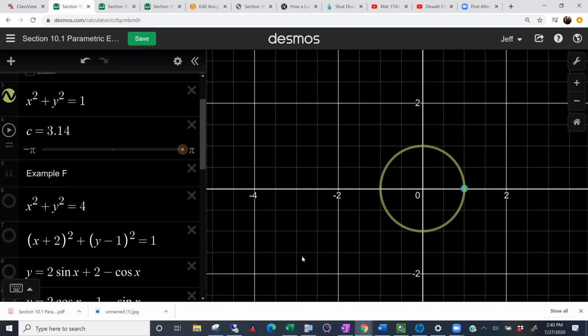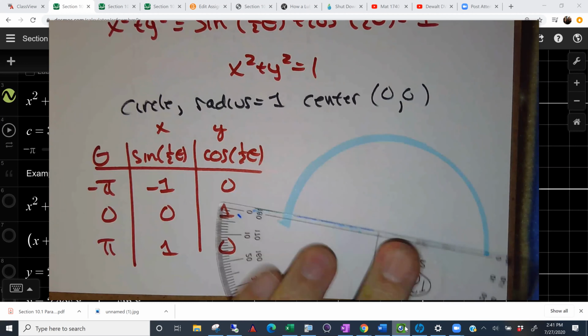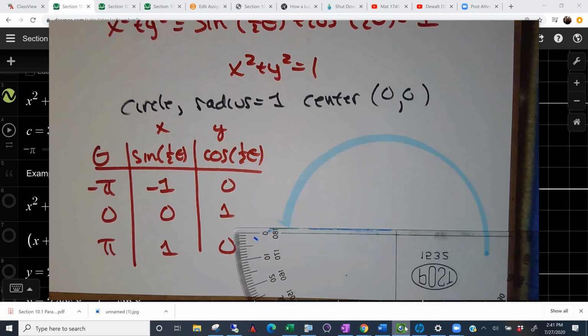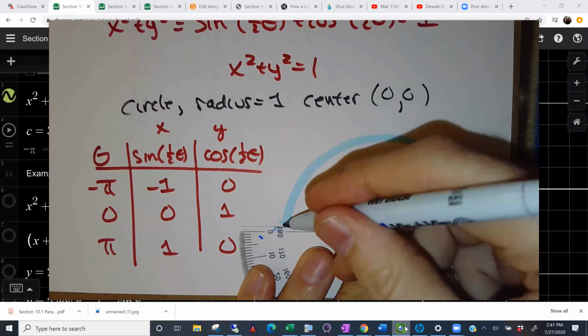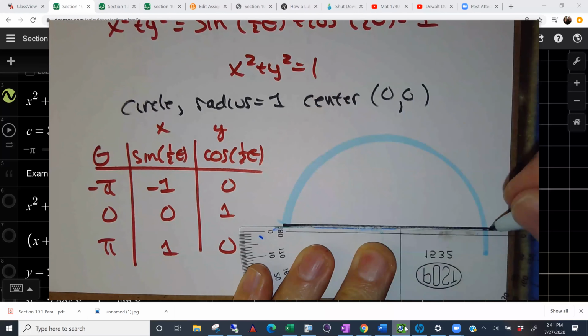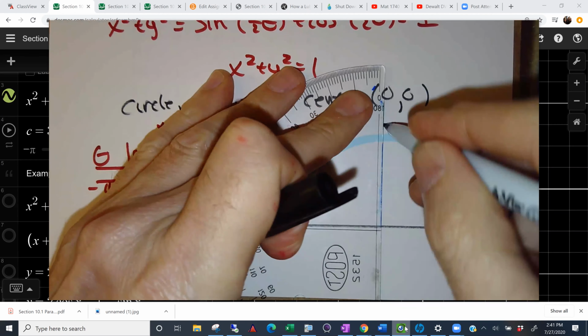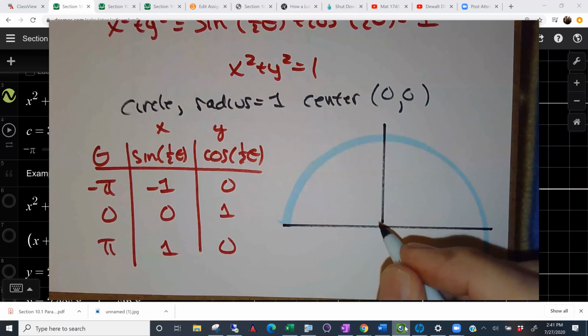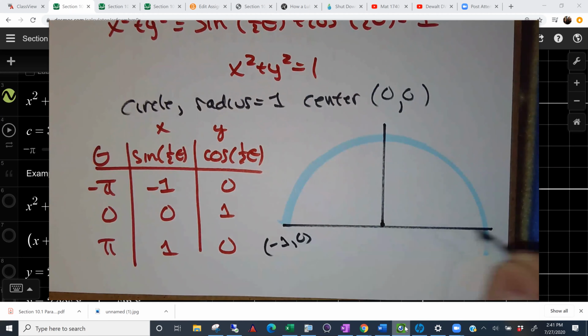And that's what you should be drawing on your paper when you graph this for me on an exam. Okay, you're only going to get part of this, the top half of the circle. -1, 0, and here to 1, 0.